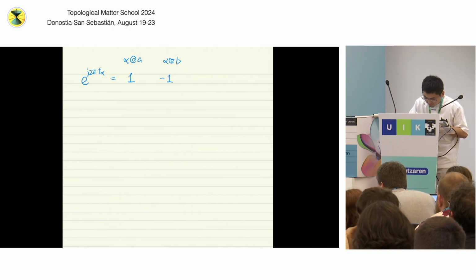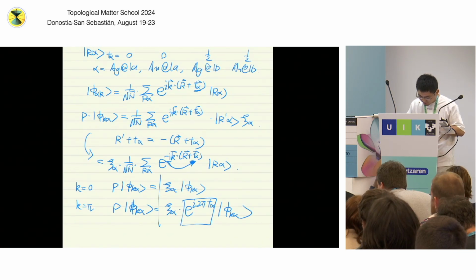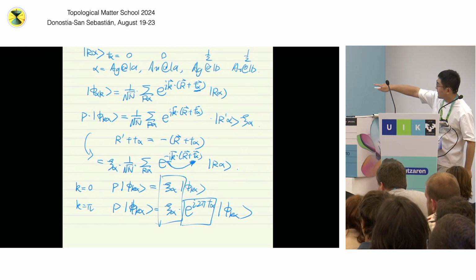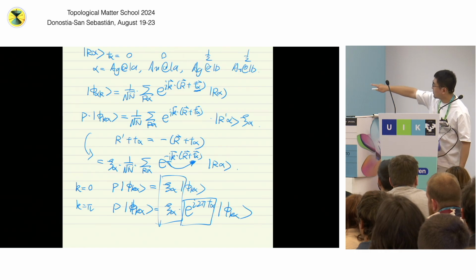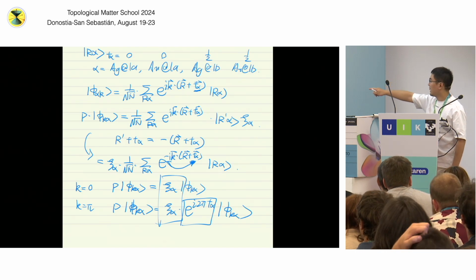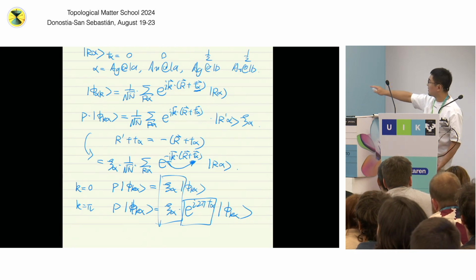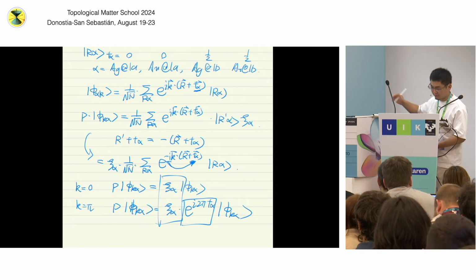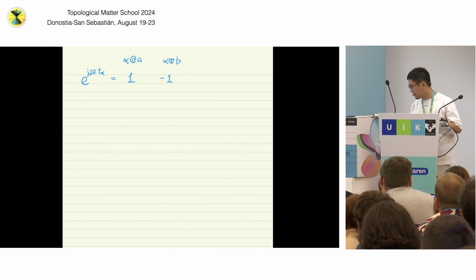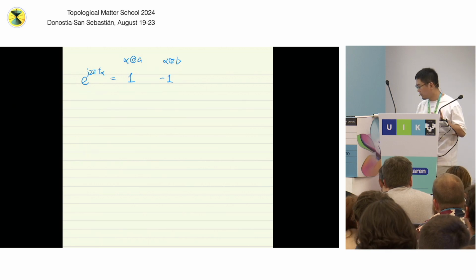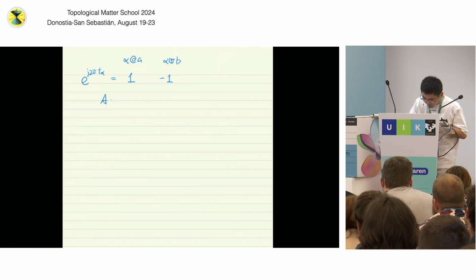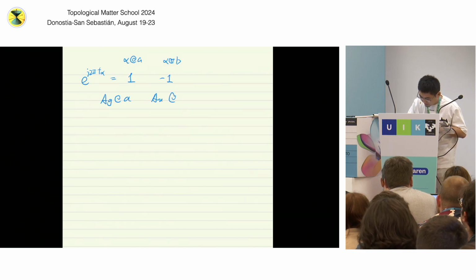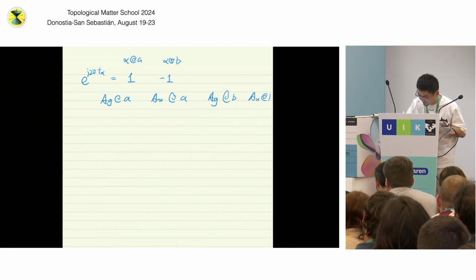Remember that we have these two eigenvalues. At the gamma point, or k equal to 0, we have the eigenvalue chi alpha. And at the pi momentum, we have chi alpha multiplied by this additional phase factor. So now let's make a table for all the possible local orbitals in real space: Ag at A, Au at A, Ag at B, and Au at B.